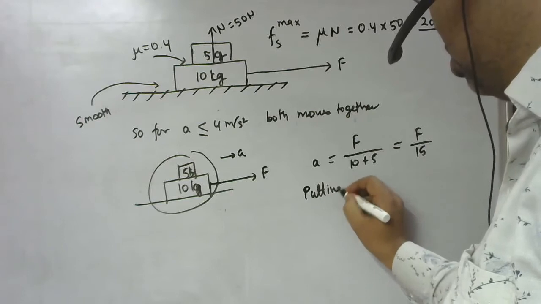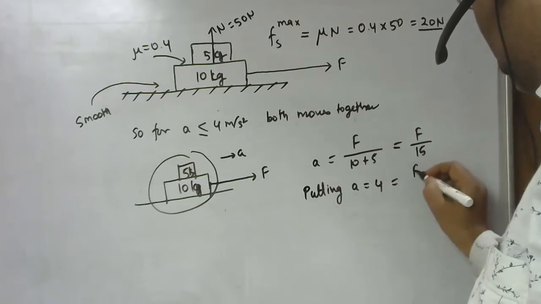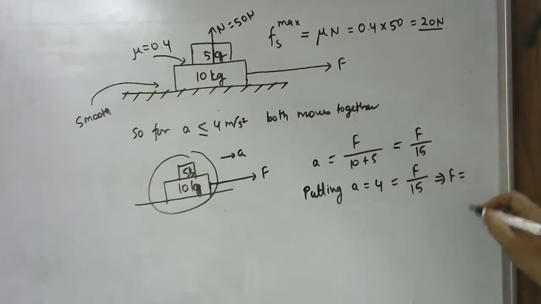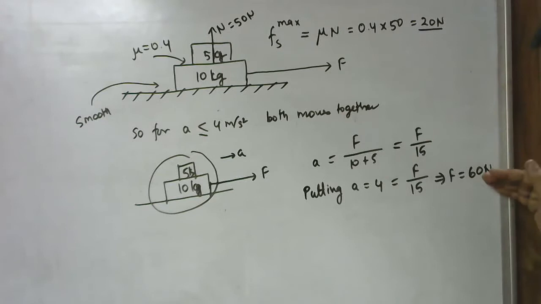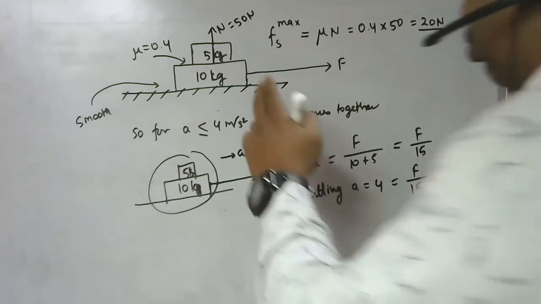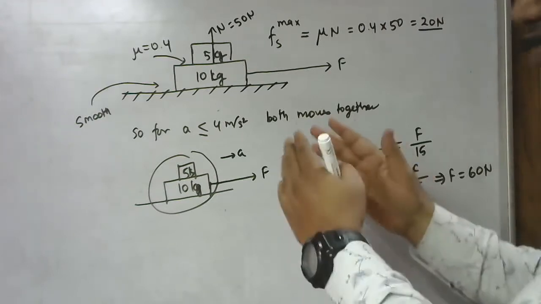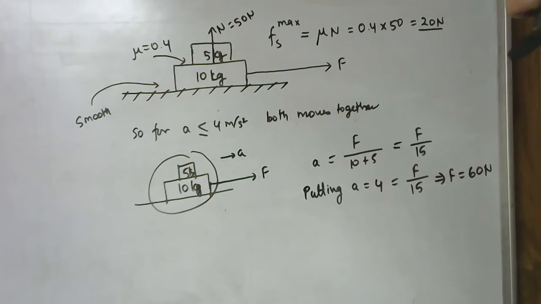Putting A equal to 4, F equals 60 Newton. It means if the applied force is 60 Newton or below, both blocks move together, and above this they will accelerate separately. I mean they have different accelerations.